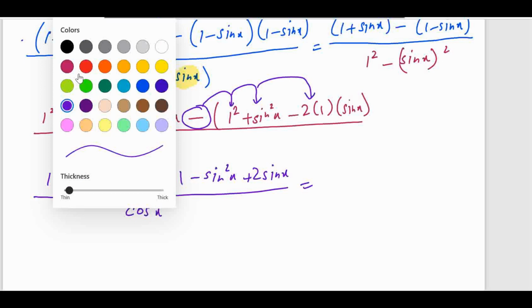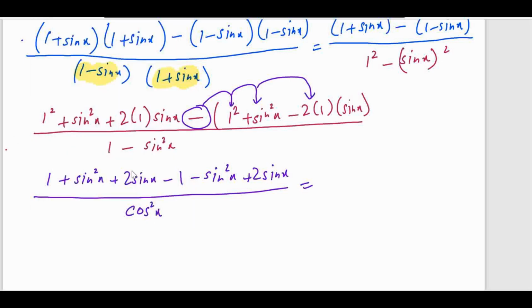Now we can cancel out 1 with minus 1, and sine square of x with minus sine square of x. So this will be 4 sine of x divided by cos square of x.